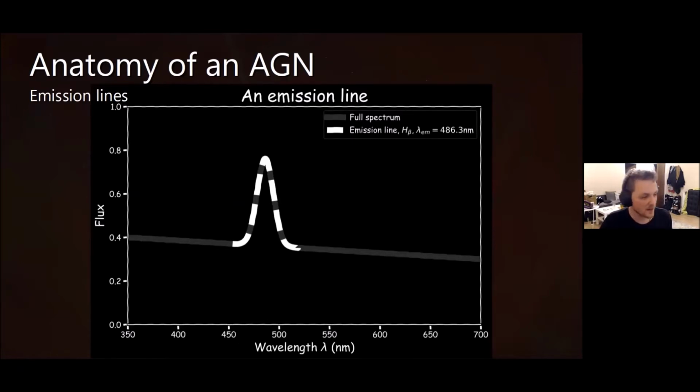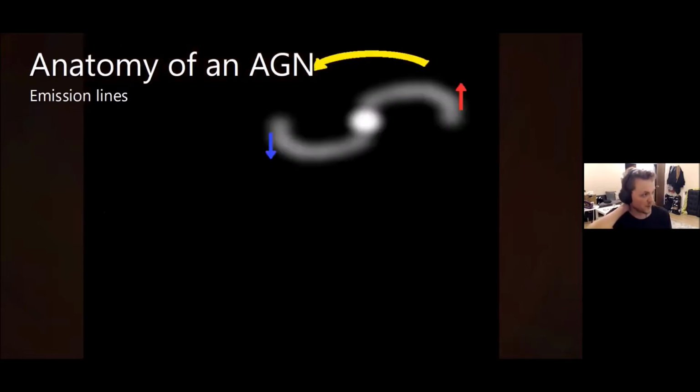One way to manipulate an emission line is broadening. The broadening of an emission line comes from Doppler shift. This is just a phenomenological explanation, but imagine you have a galaxy, and we, as an observer, are at the bottom of the screen.